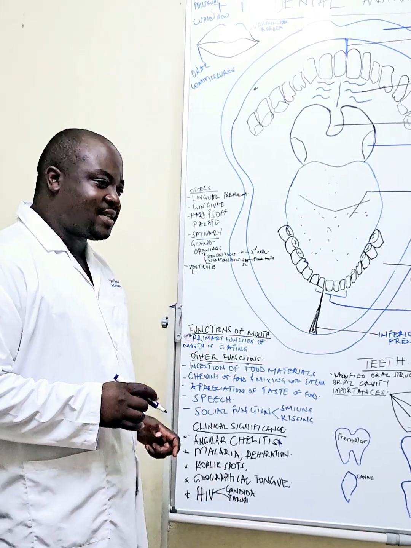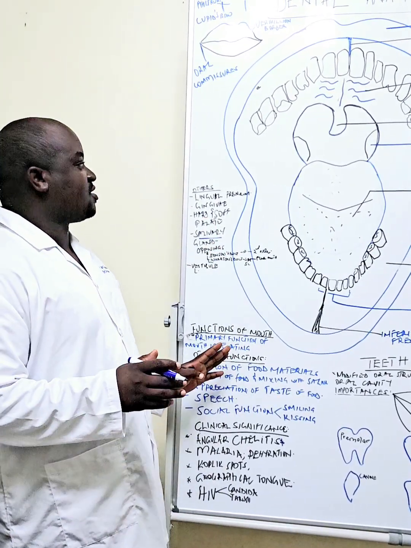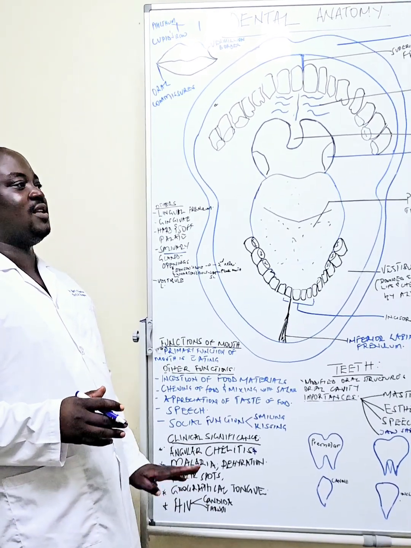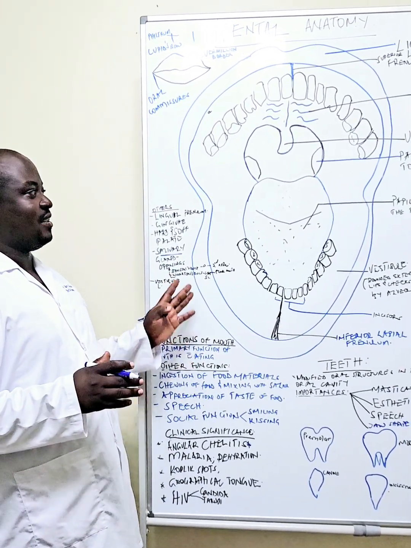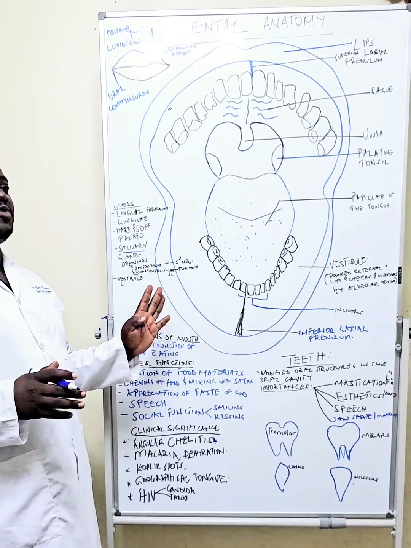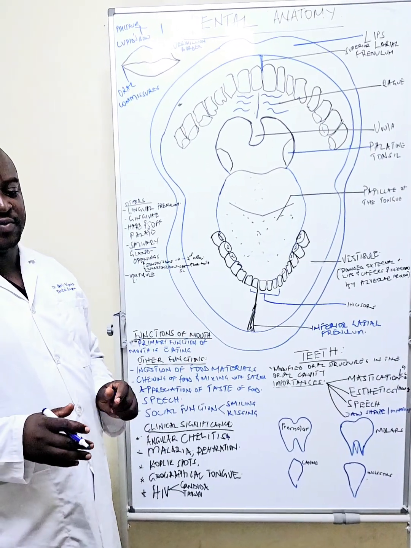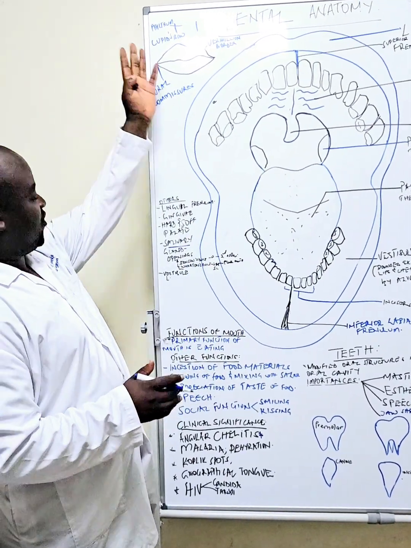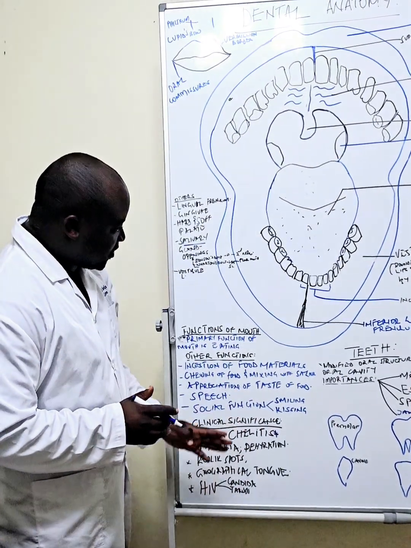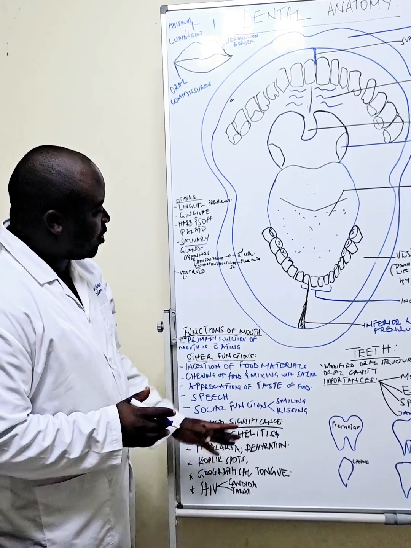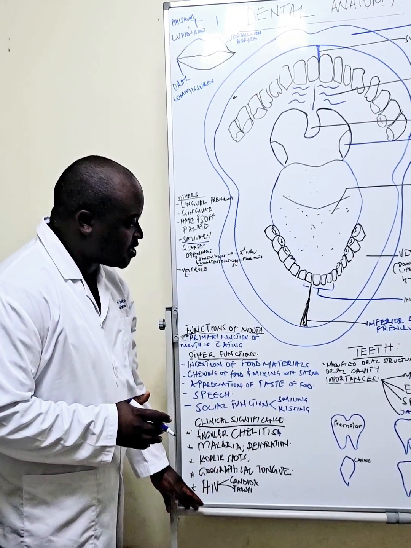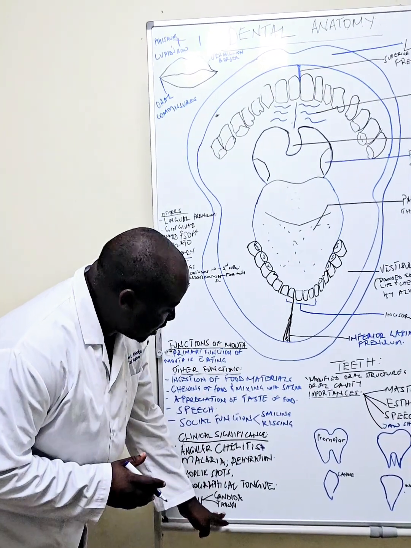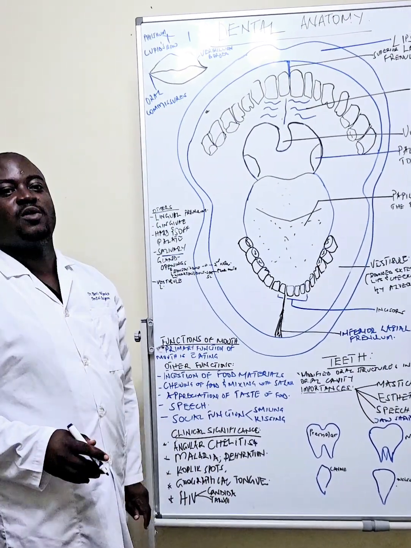Then with oral candidiasis, you need to know the normal one so that in case someone has oral candidiasis, you identify it quickly that I'm dealing with an abnormality of the oral cavity. Most especially, you need to know these normal structures to avoid dealing with abnormality when you do not know them.